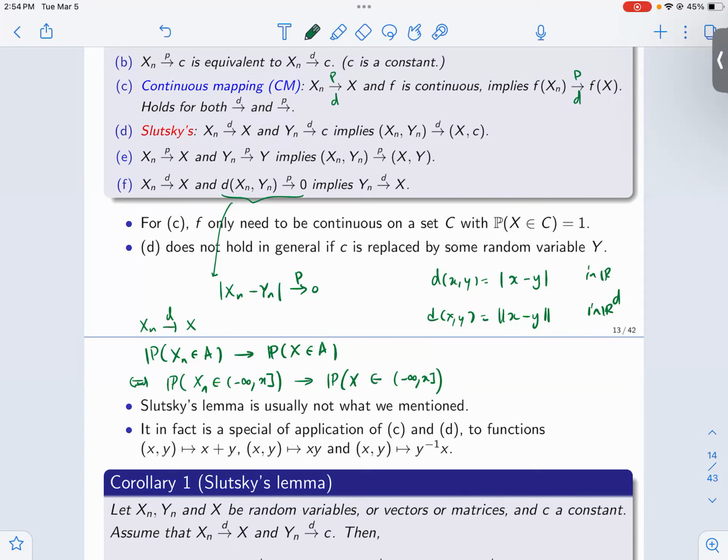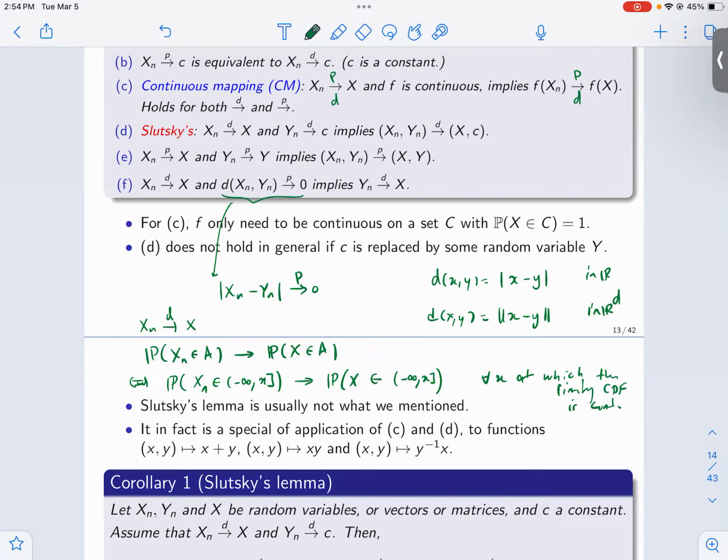But you don't need convergence at points x where the limit is discontinuous. It only needs to hold for all x in the set of continuity points, x at which the limiting CDF is continuous.